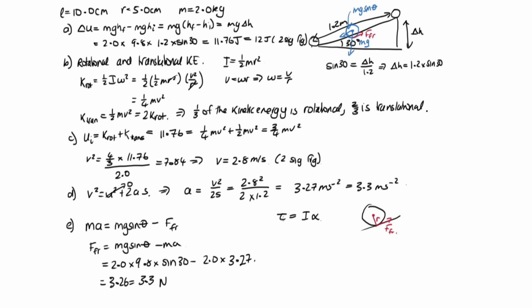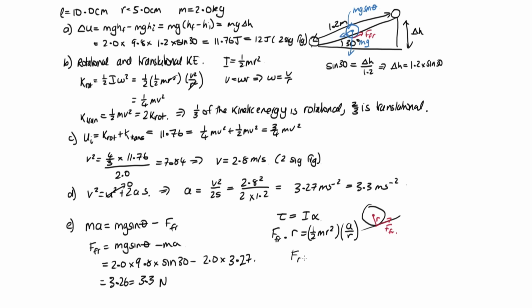So the torque is equal to the cross product of the frictional force with the radius. They're at 90 degrees to each other. So this is just equal to the frictional force times the radius. And I, for a cylinder, we said was equal to a half mr squared. And then alpha is related to the acceleration, as alpha is equal to a over r.